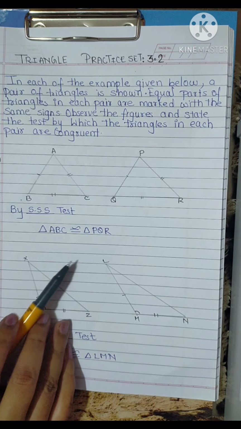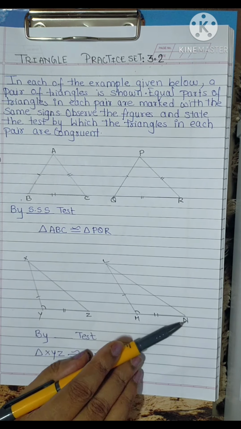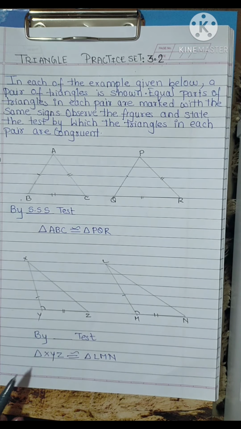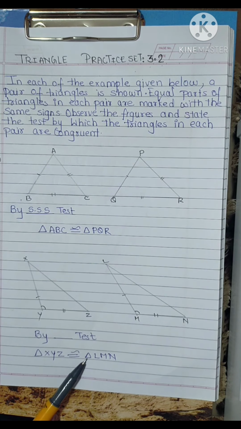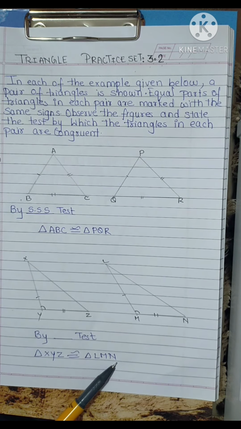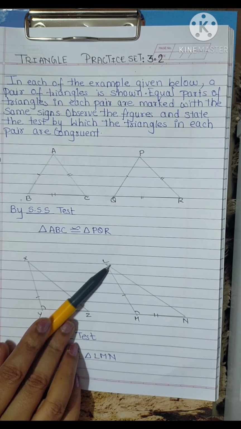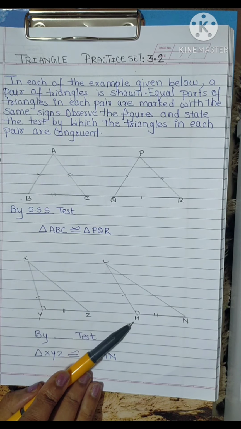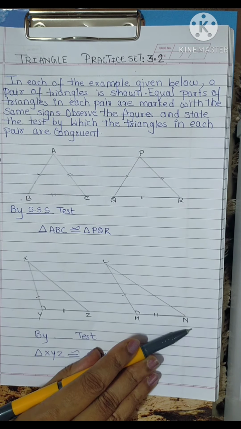Now the next diagram is given. Here you can see triangle XYZ and triangle LMN. It is also given that triangle XYZ is congruent to triangle LMN. XY is congruent to LM and YZ is congruent to MN.